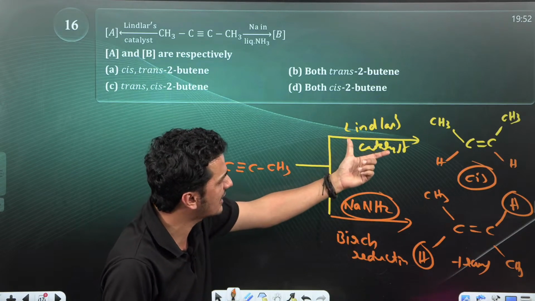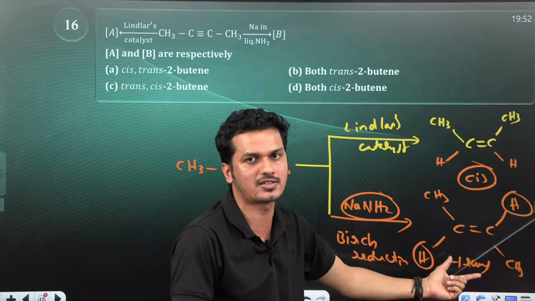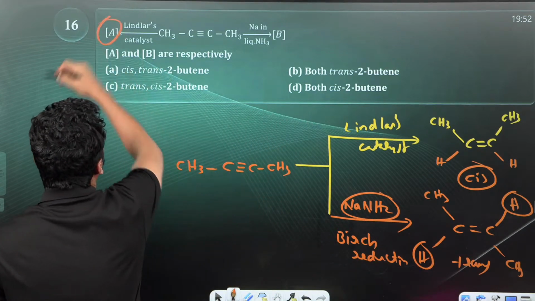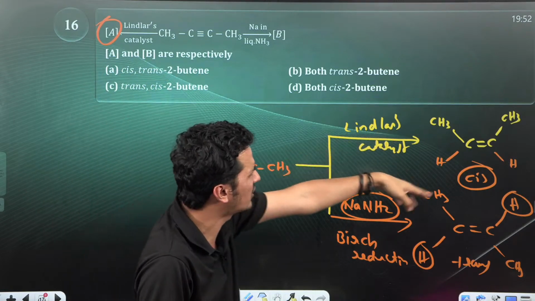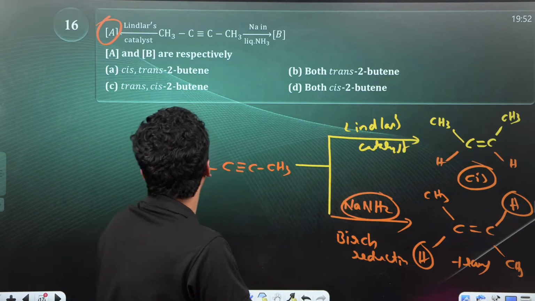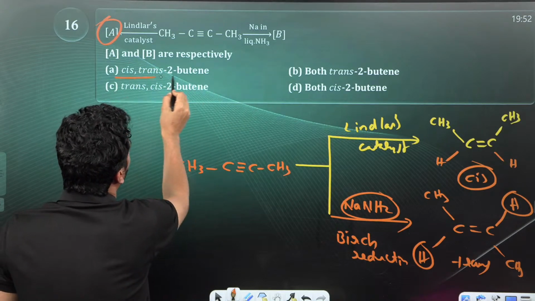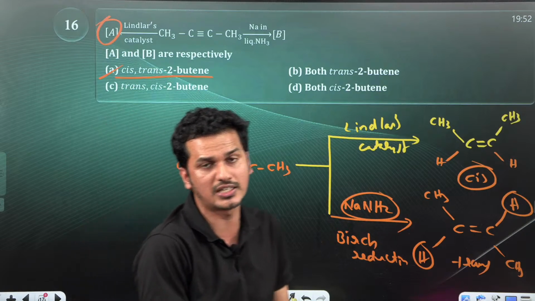So in the case of Lindlar catalyst, you will get a cis product. In the case of Birch reduction, you will get a trans product. That is anti-addition. So what's the answer? A is cis and B is trans. Cis and trans 2-butene is the answer. Don't forget the idea.